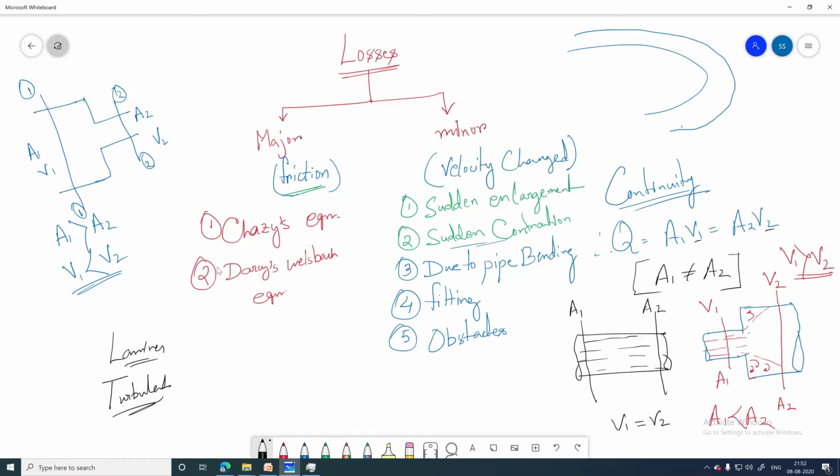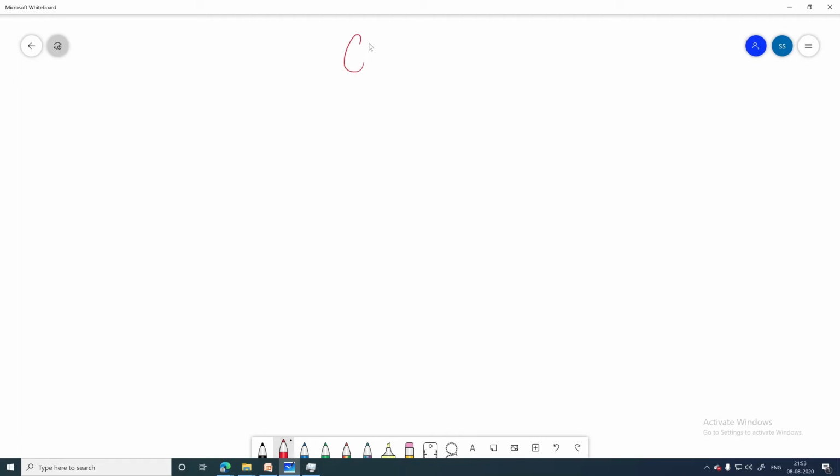Okay, so let's determine Chezy's equation. As you already know, Chezy's equation is applicable for both laminar and turbulent flow, right? So let's draw a pipe where the fluid is flowing.